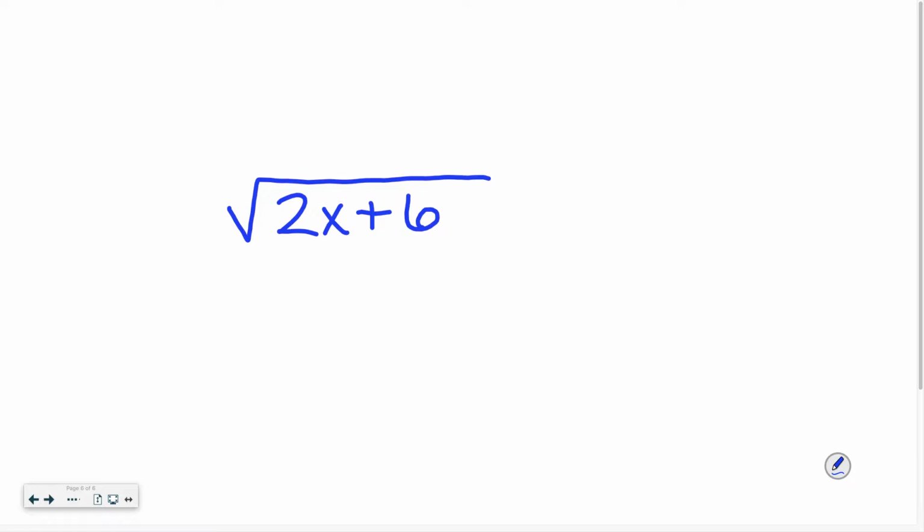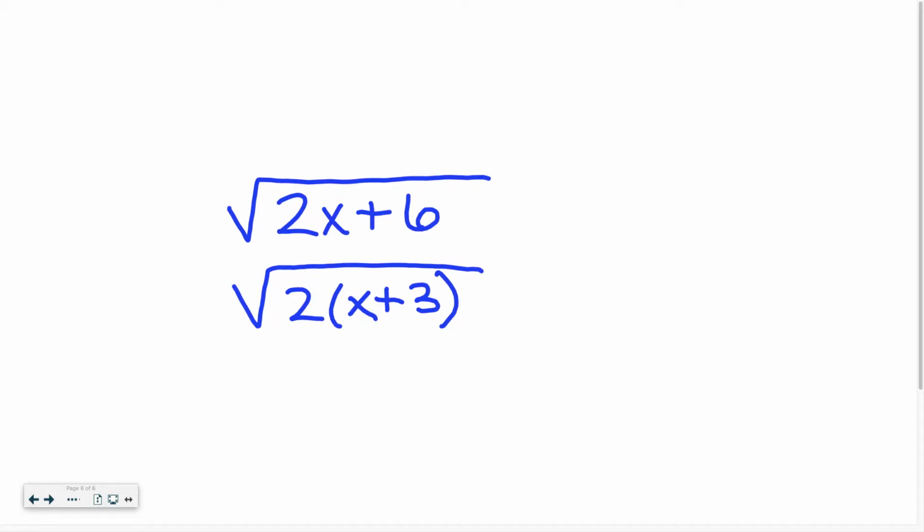If there is anything in front of the x inside your function, it is affecting your shift. So this is actually a shift left 3 and then a horizontal shrink of 1/2. Okay? I think that there is a problem in your book where there is a coefficient for x, and so that will need to be factored out before you do your transformation. Okay? You are welcome to use your graphing calculator to check your work, but the whole point is to do this quickly without a calculator.